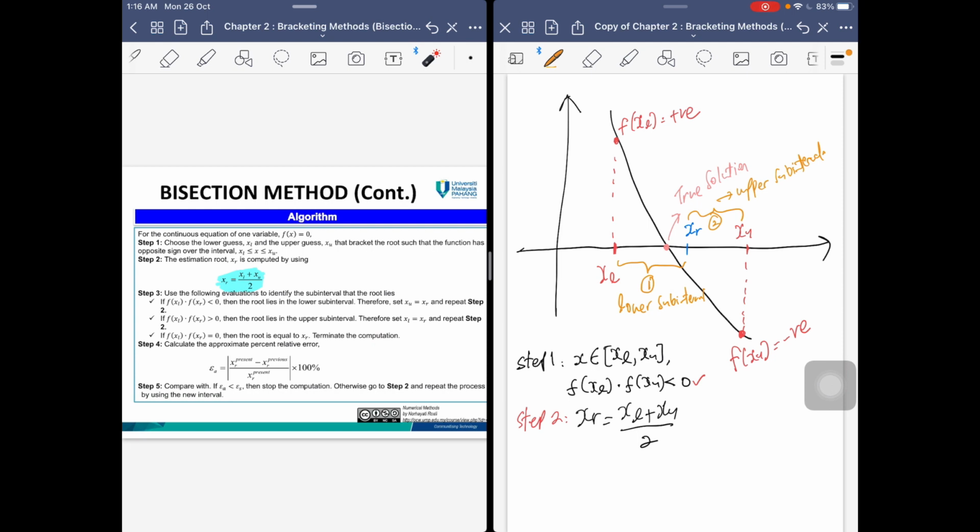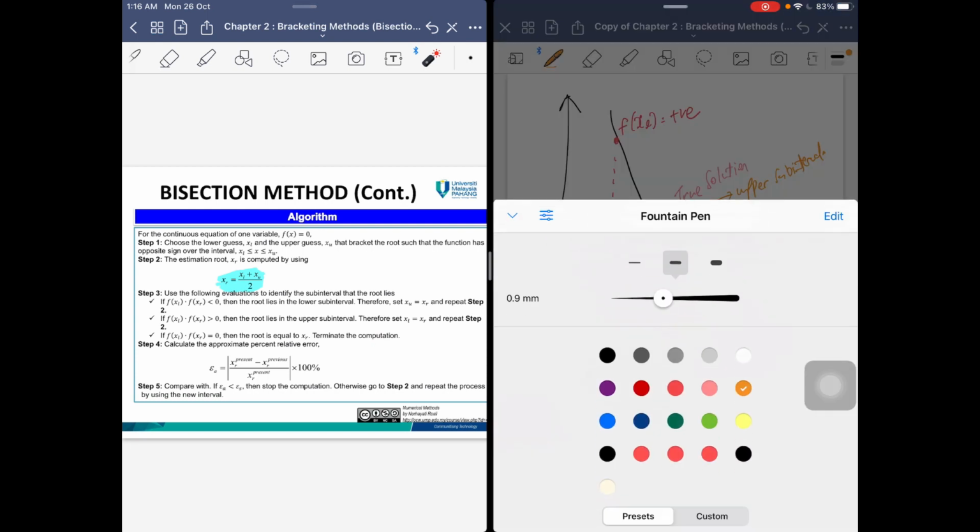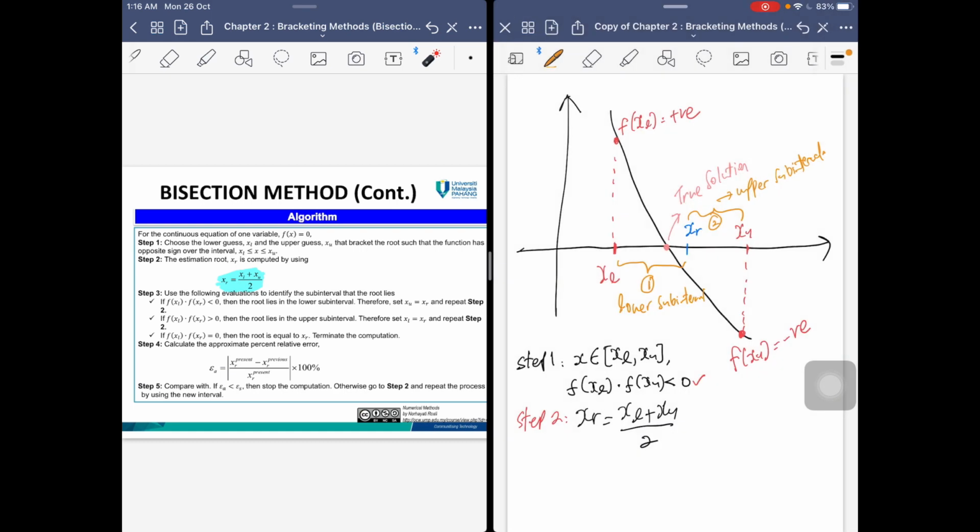Okay, let's look at this here. Let's check our interval: which interval satisfies the condition? Step number 3.